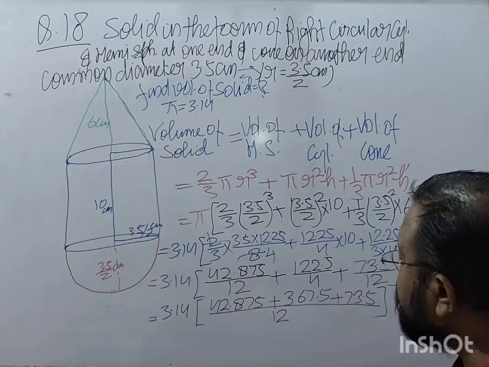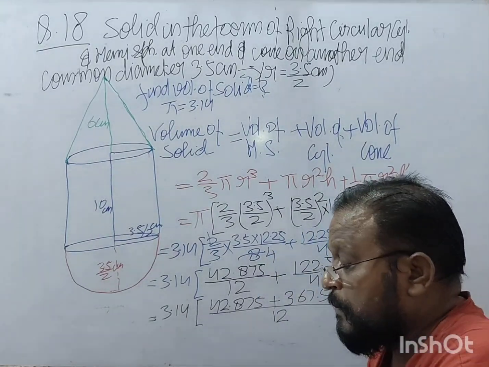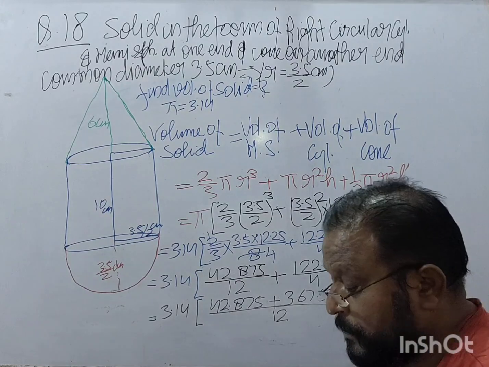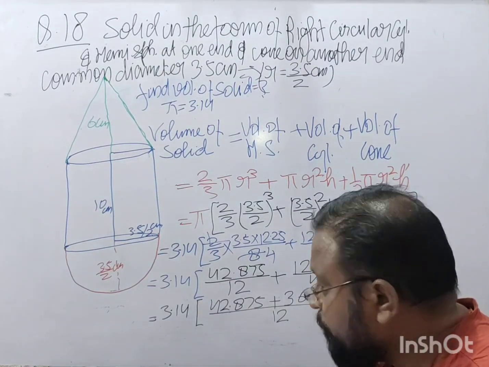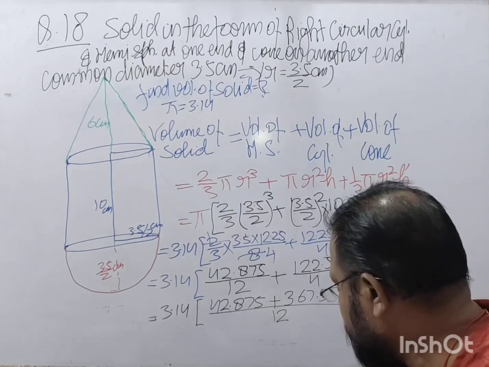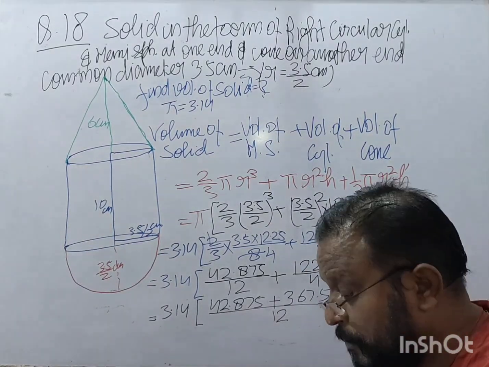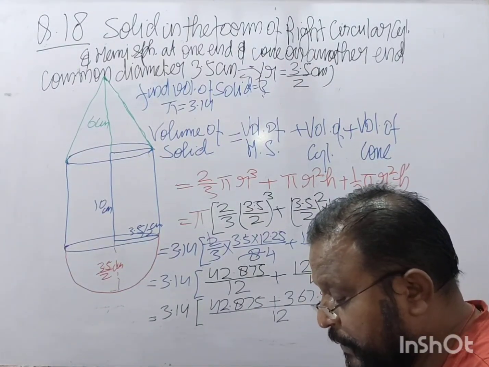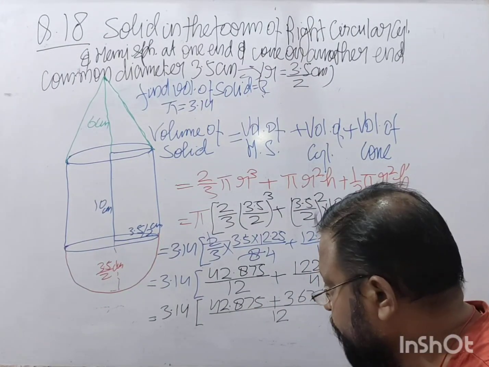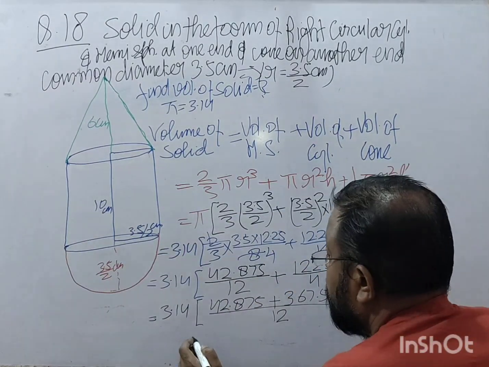Now when you add all these, how much you get? 42.875 plus 367.5 plus 73.5, right? You get 400.